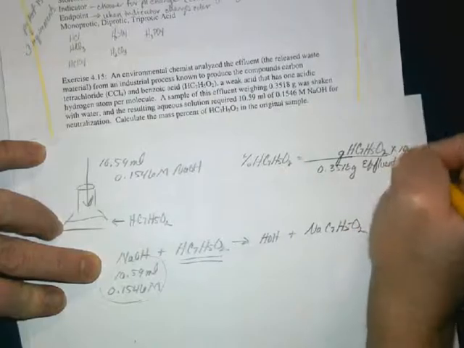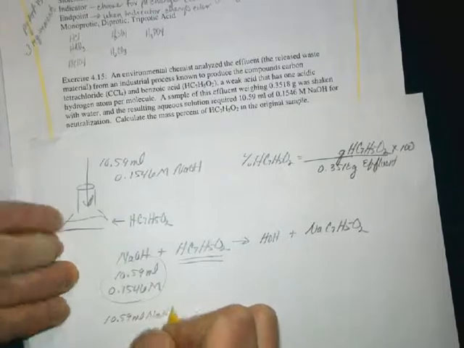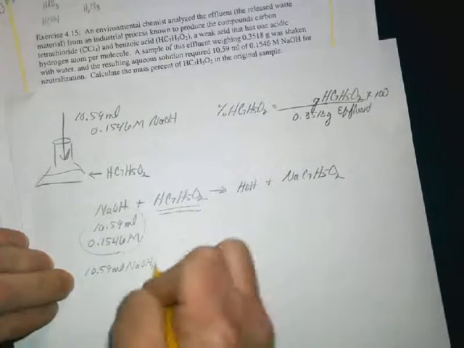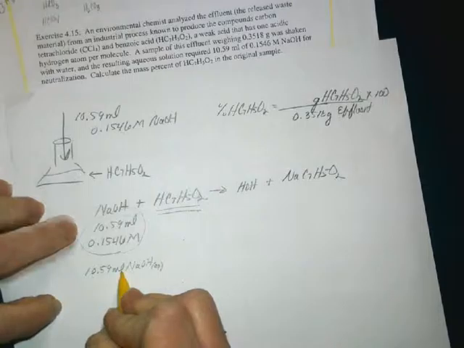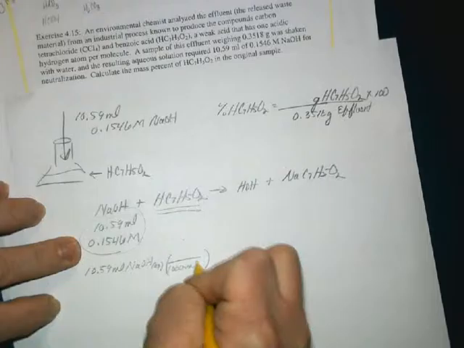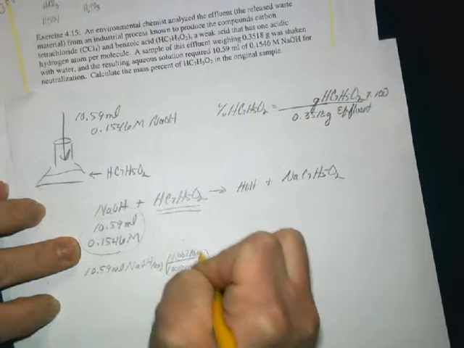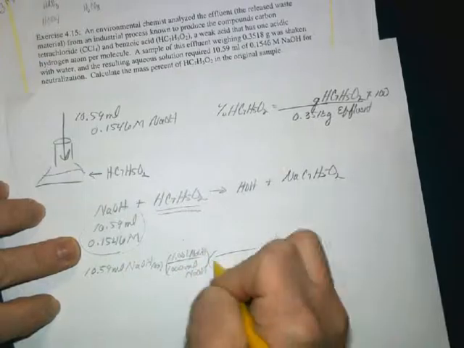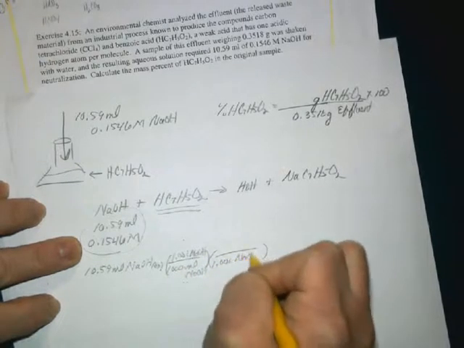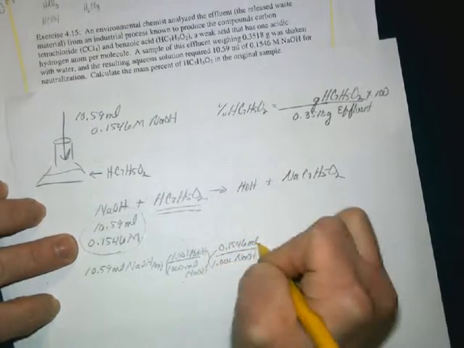All right, so we're trying to find this. So if we start, we have 10.59 milliliters of the sodium hydroxide solution. I want to get it to liters so that I can use my molarity as a conversion factor. For every 1 liter of NaOH, there is 0.1546 moles of NaOH.